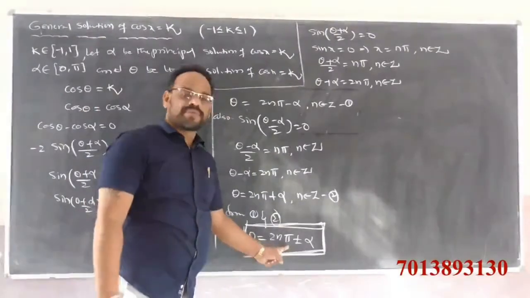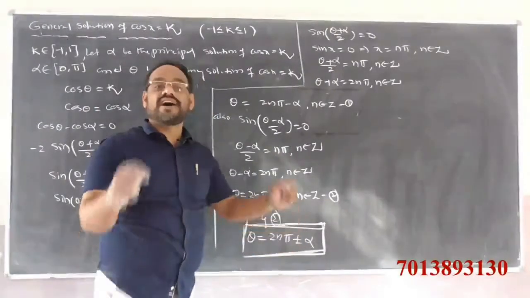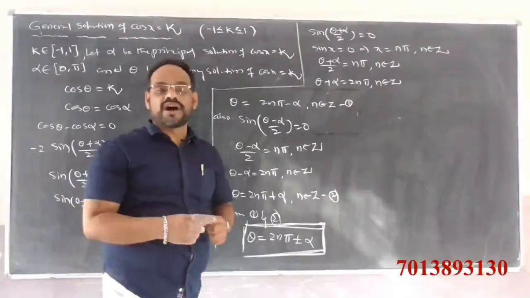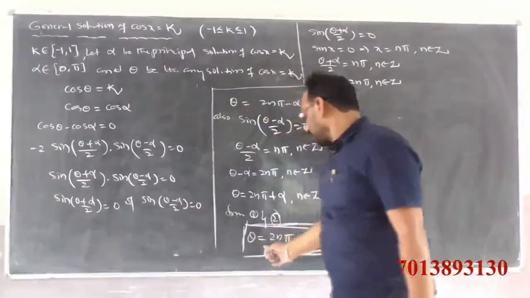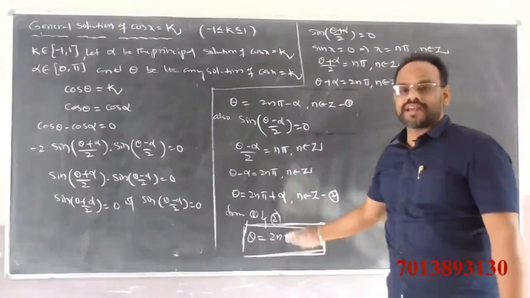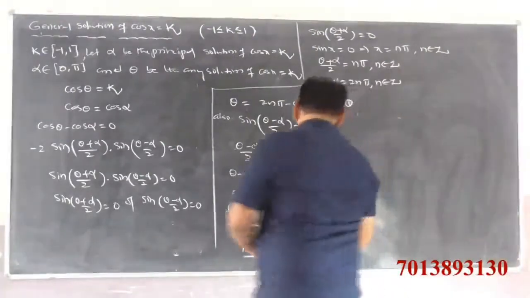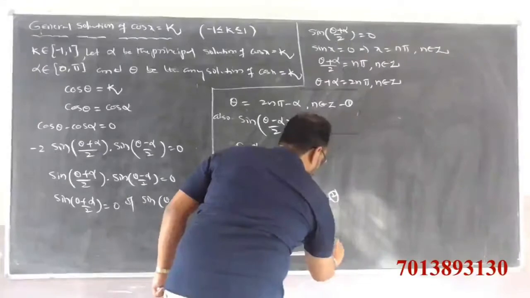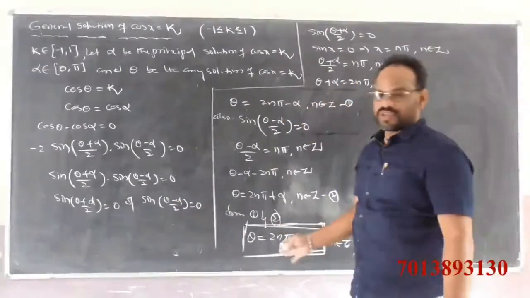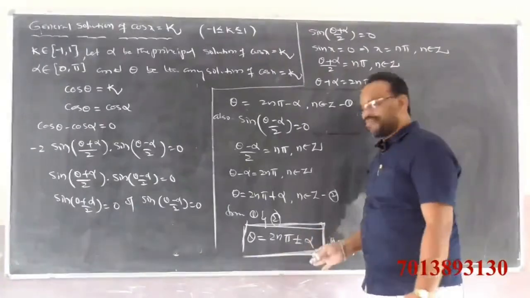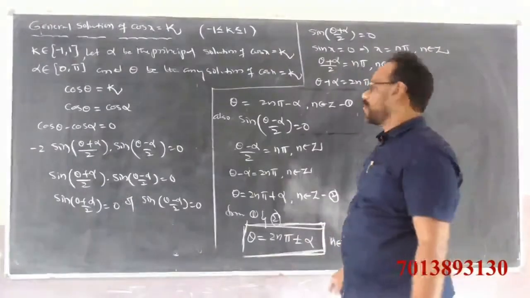Theta is equal to 2n pi plus or minus alpha is the general solution of cos x is equal to k, where n belongs to Z. So theta is equal to 2n pi plus or minus alpha is the general solution of the given trigonometric equation.